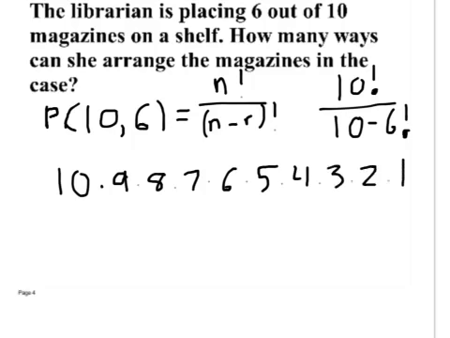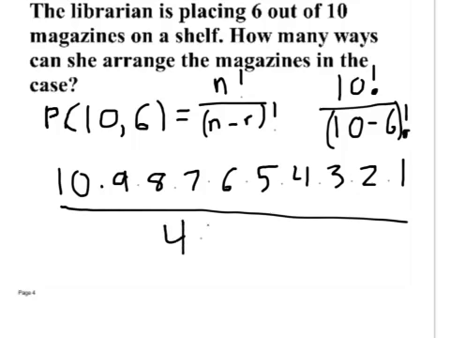Factorial is just when you multiply all the numbers starting with the first number in consecutive order. That's why we did factorial just a second ago. Now, we're going to put it over 10 minus 6, which is 4. So we're going to do 4 factorial, which is just 4 times 3 times 2 times 1. That's what we're going to divide by.